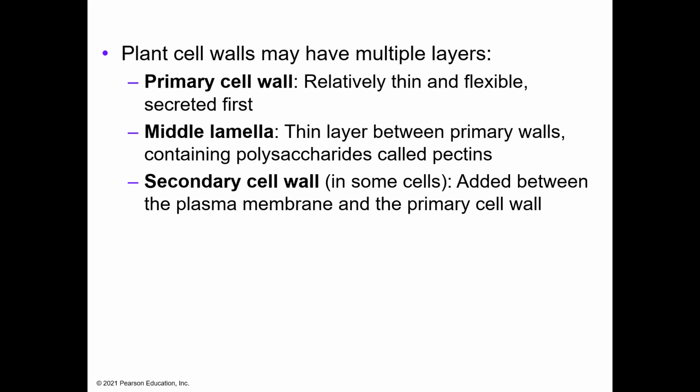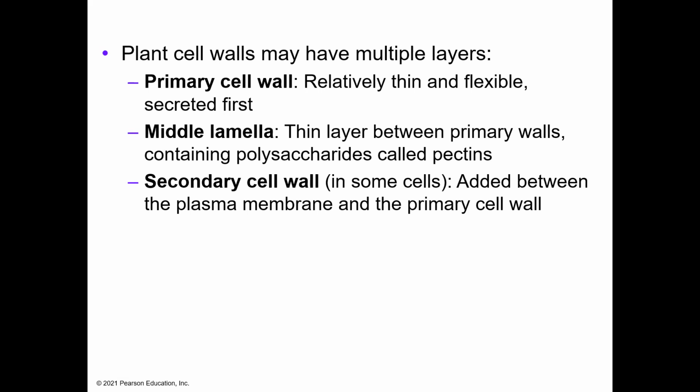So I always consider plant cells as like bricks, like if you're bricking a house. The bricks themselves are the hard cell walls of those cells, and then we use the cement to glue the bricks together, which would be kind of like the middle lamella.